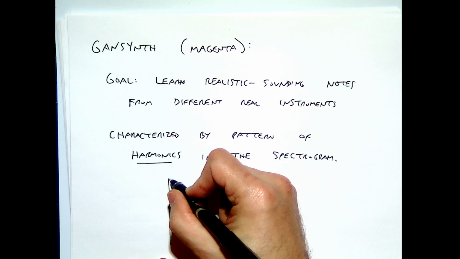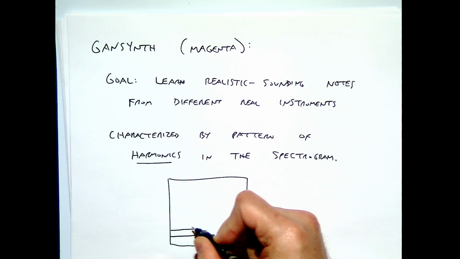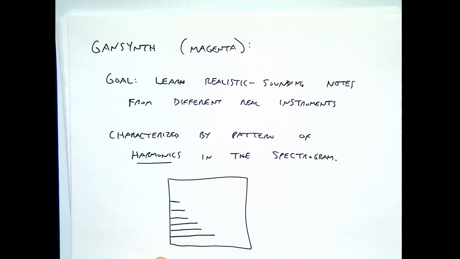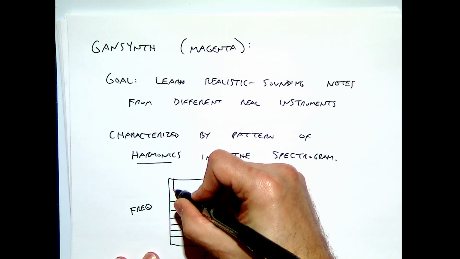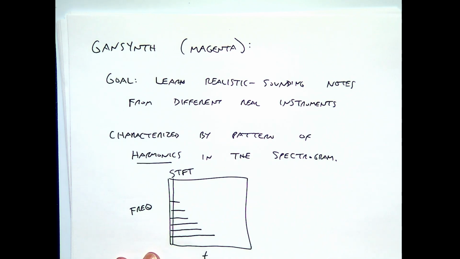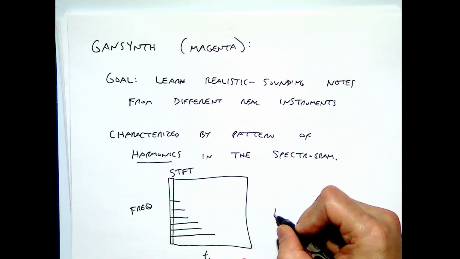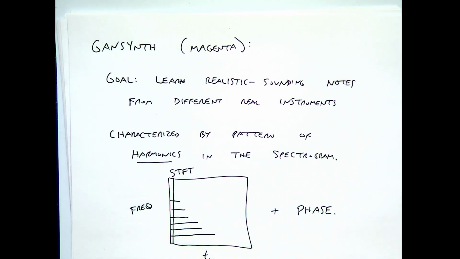And just to put it on paper, it's like saying that this is the fundamental frequency, and then I have the second harmonic and the third harmonic and so on, and maybe these fall off at different rates. And so this is time, this is frequency. Each of these slices is like a short-time Fourier transform. And also you have to remember to take into account the phase of when these things start and stop.